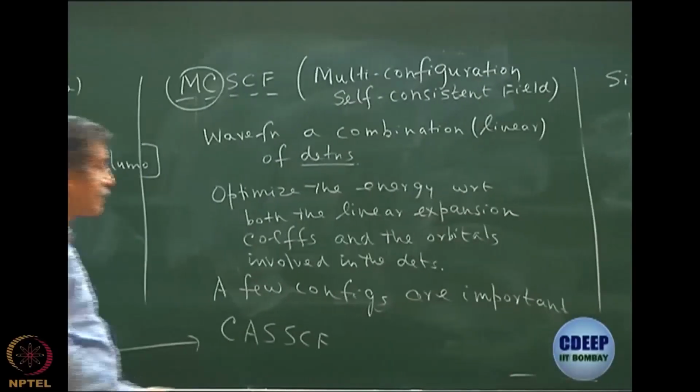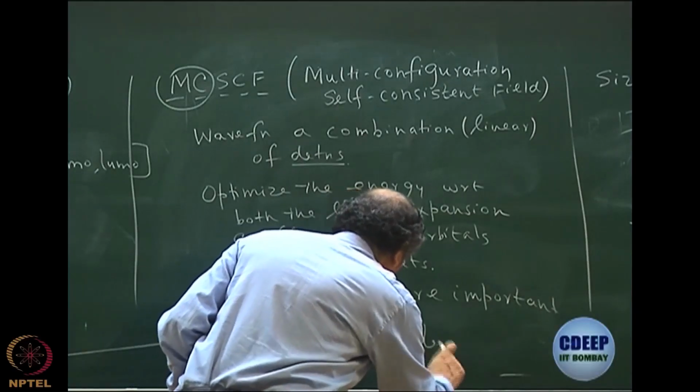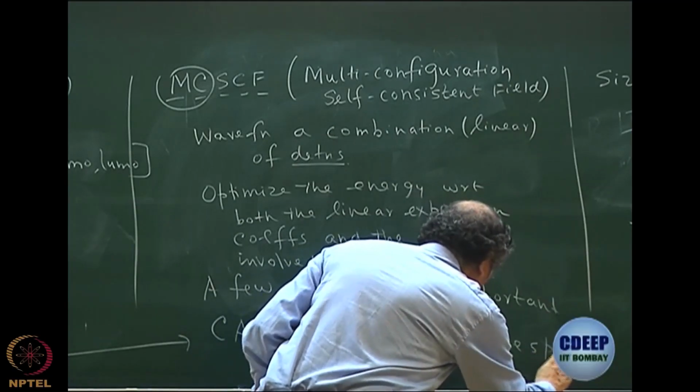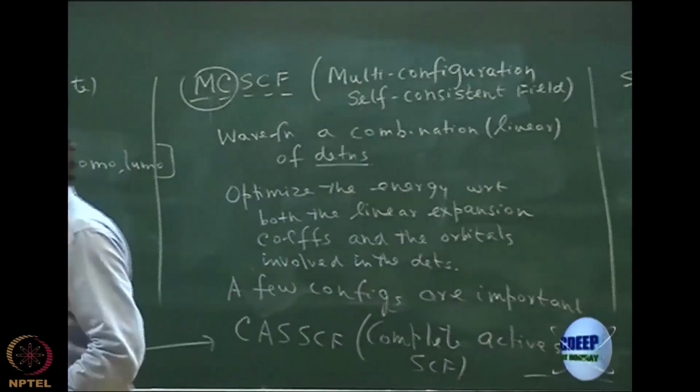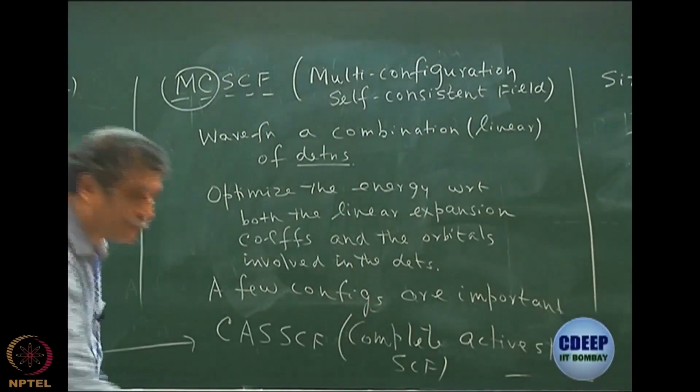So that becomes CAS SCF. It is called complete active space self-consistent field theory. So basically just the MC space becomes the CAS, complete active space.